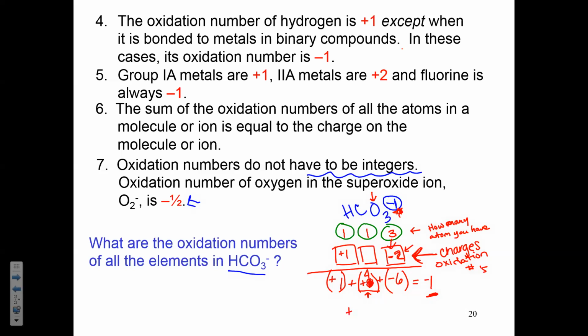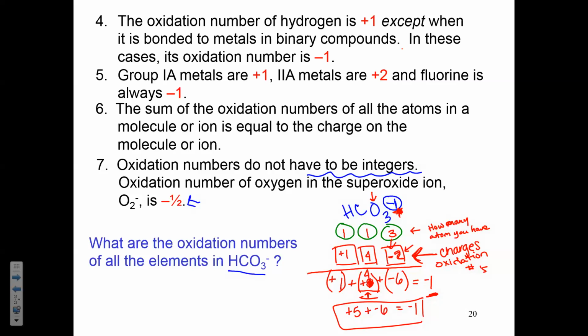So let's try it. +5 plus a -6 gives us, yep, a -1. So that matches the overall charge right up here. And so now we know that 1 times 4 gives us our correct charge. Then we just fill in that box.